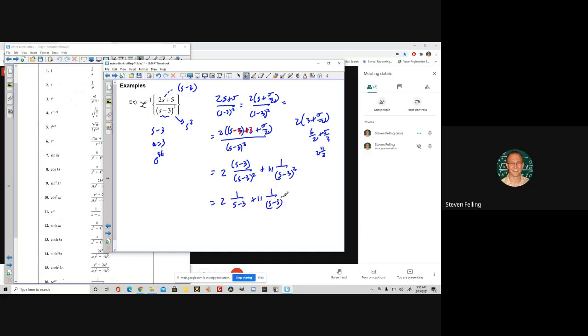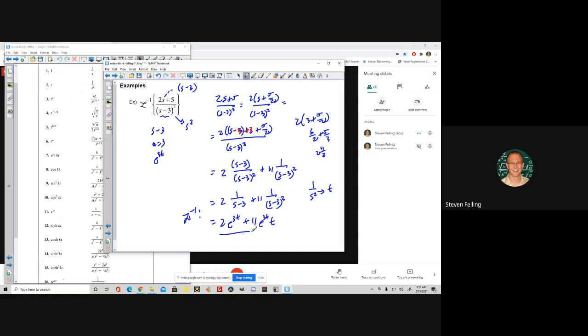And now when I take the inverse Laplace of each of those, this first one is just e to the 3t, and this one is 1 over s squared, whose inverse Laplace transform would be t, but shifted by 3. So you have the shift, which is e to the 3t, and then times a t.